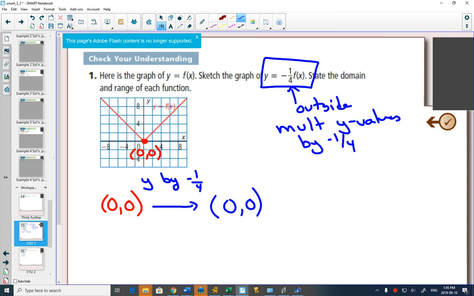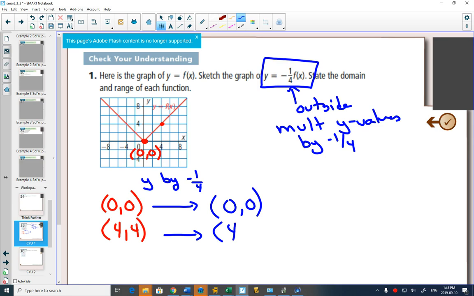Like on this graph, I have 4, 4. I have 5, 5, 6, 6. Mathematically, what would be nice about choosing 4, 4? Yeah, you get a whole number when you multiply by -1/4, because that's the same as dividing by 4.